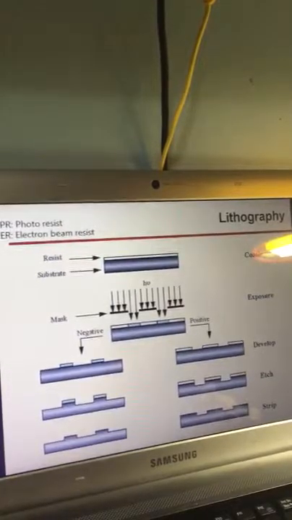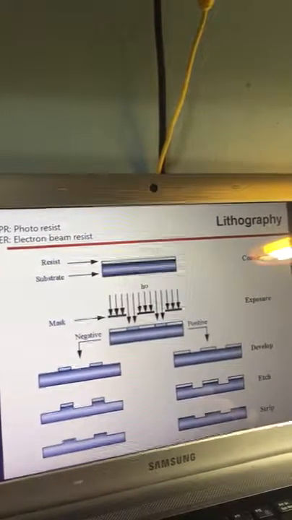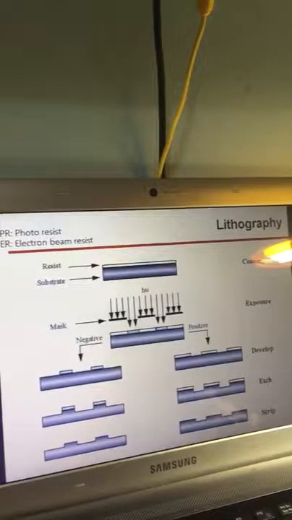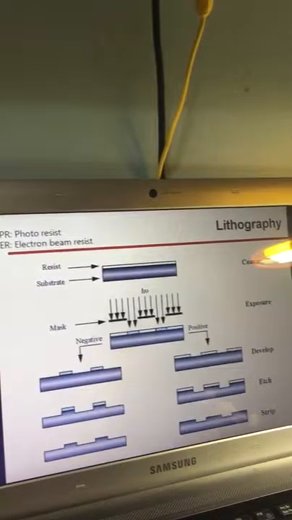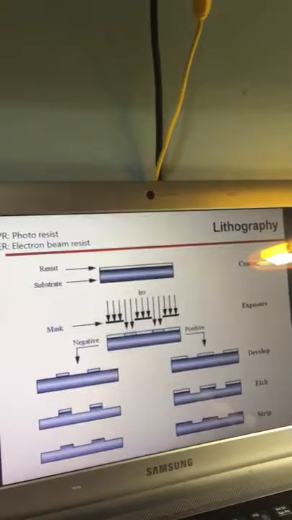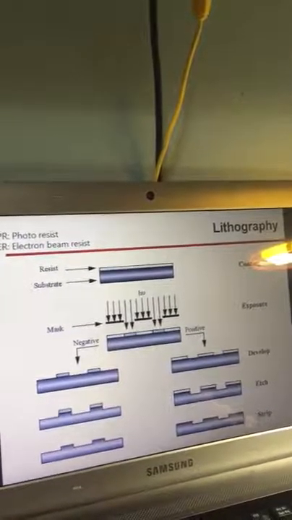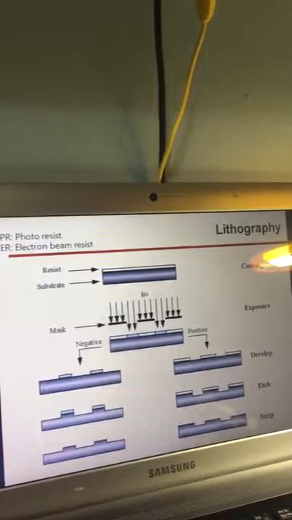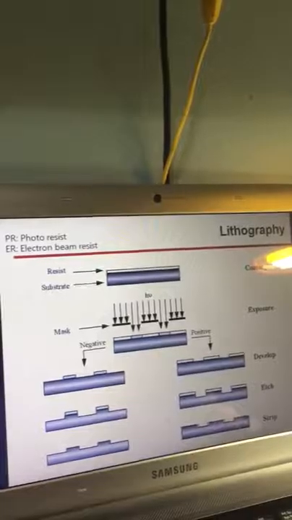Fourth, with the remaining PR layer on the wafer surface, it will conduct a doping process or etching process to etch the wanted part. To explain specifically, with positive photoresist, the exposed part is easy to dissolve by developer, so it will form a positive image.